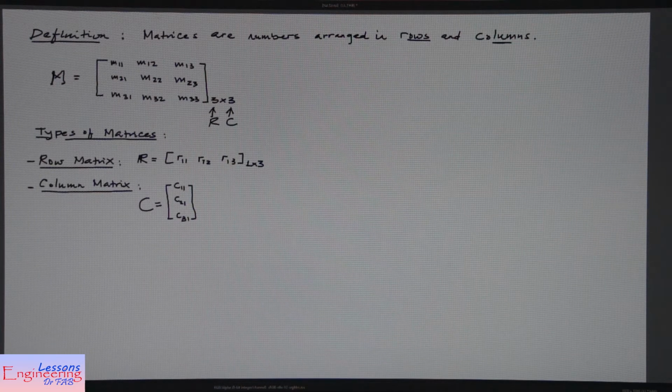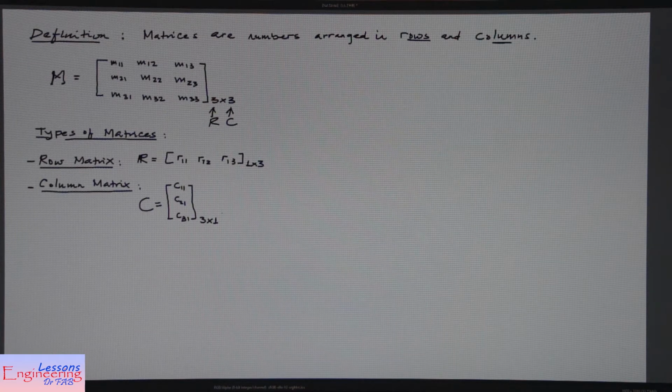So in case of column matrix C, the column designator is still 1, but the row has increased from 1 to 2 to 3, indicating that we have 3 rows but a single column. In the same way, the dimension of a column matrix is n by 1, but in this case we have 3 rows, so we can write 3 by 1.